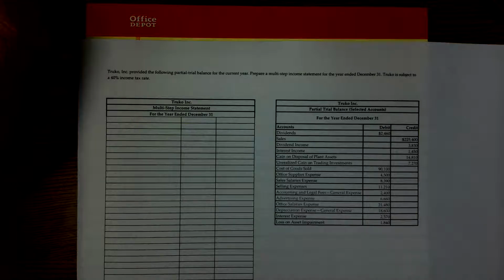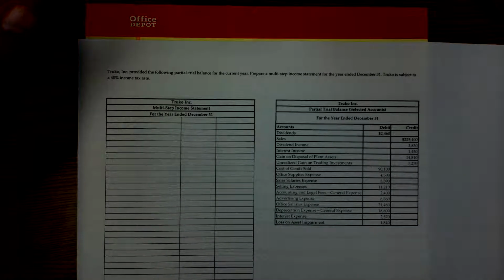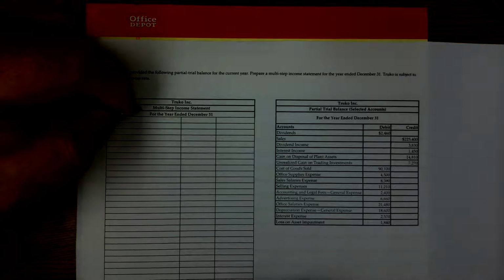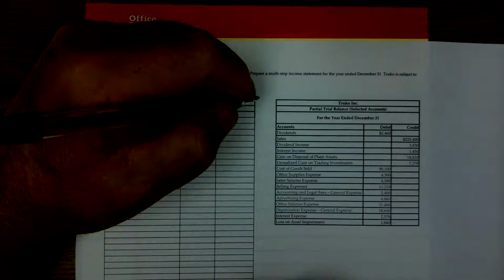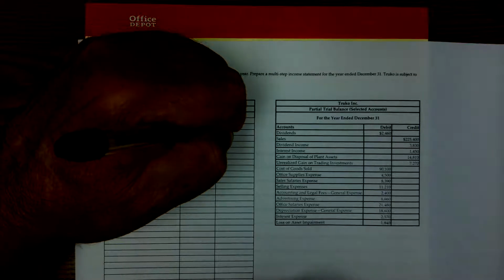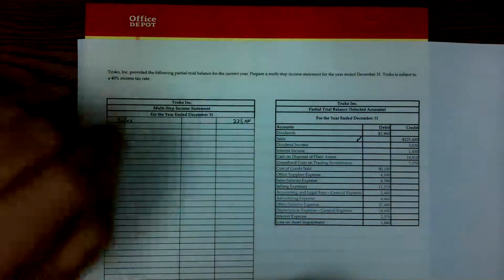All right, so we go over here. A multi-step income statement is always going to start out with a gross profit section, right? So gross profit is going to be the sales, and that's going to be the 225 listed here.